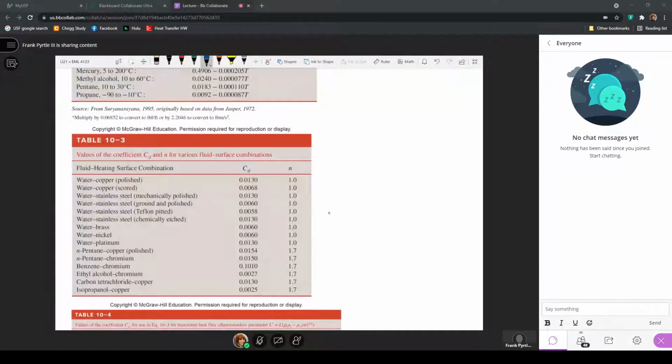So depending on the fluid surface combination, we have these expressions of these constants that are, again, experimentally determined so that they will be substituted into that expression.